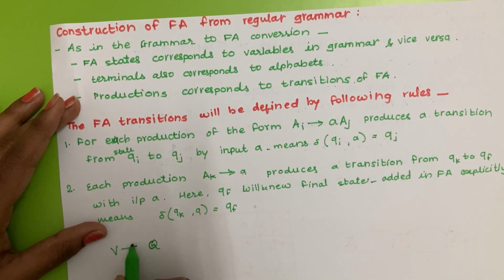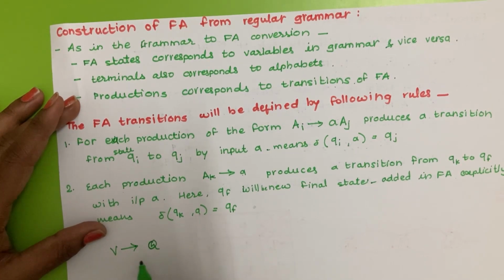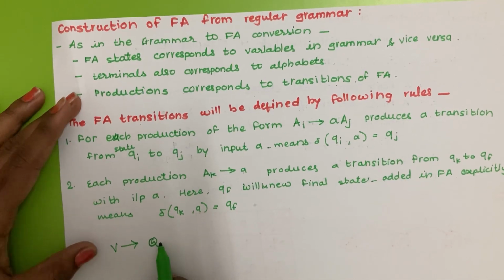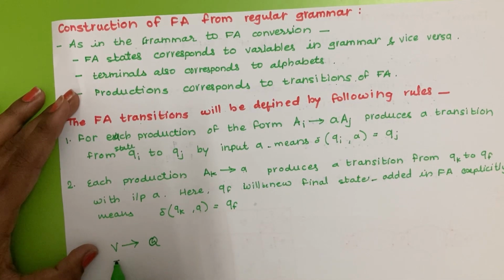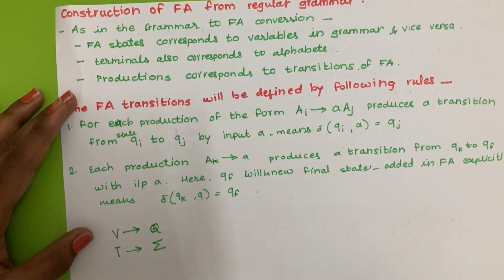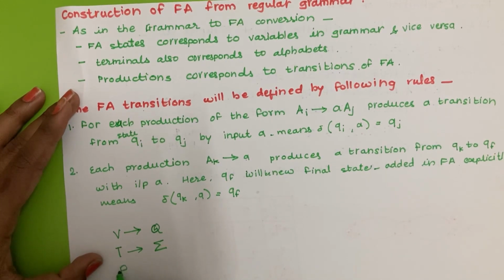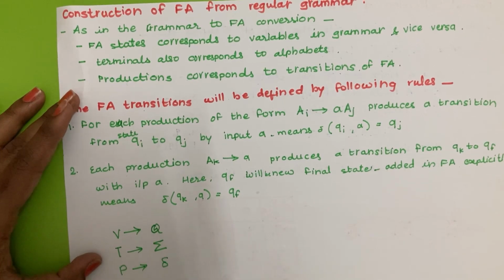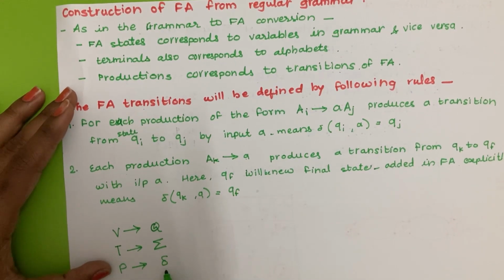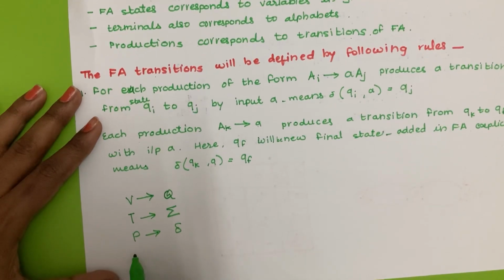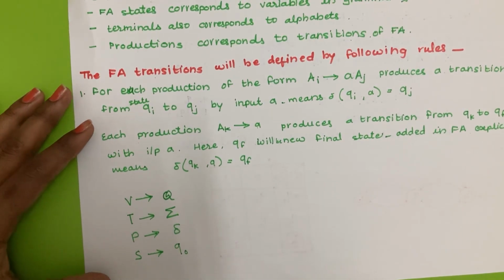Set V defines the set Q because set V corresponds to set Q. Then set T corresponds to set sigma. Then set P, the set of productions, will be used to define the set of transitions. Then S is used to find the initial state from set capital Q.